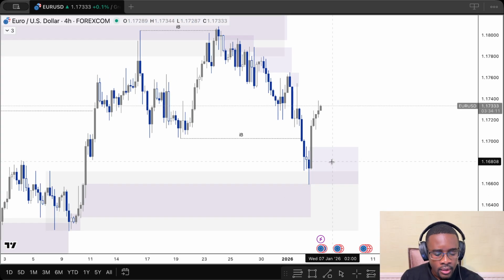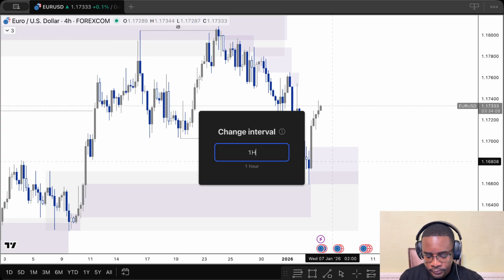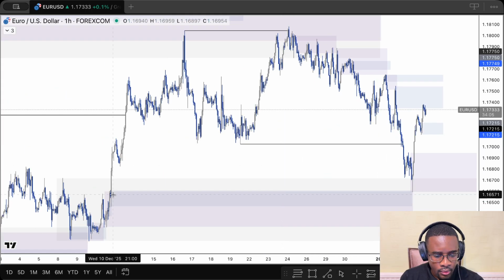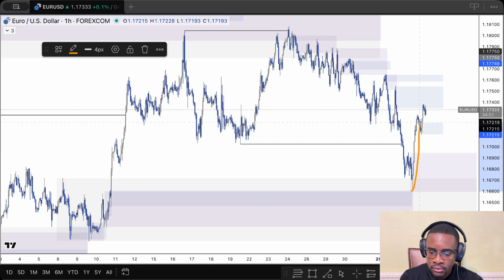On the 4 hour, price did mitigate this POI and then took off. So this was a good trade. Either you could have taken it on the 1 hour or looked for lower time frame confirmations and taken a ride to the upside.